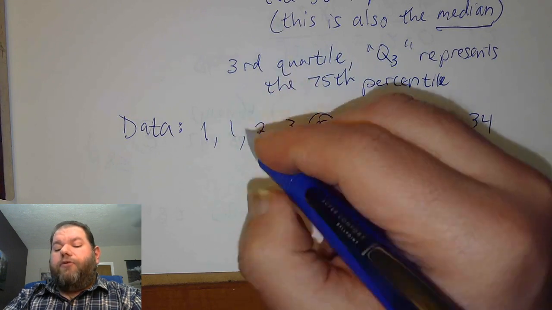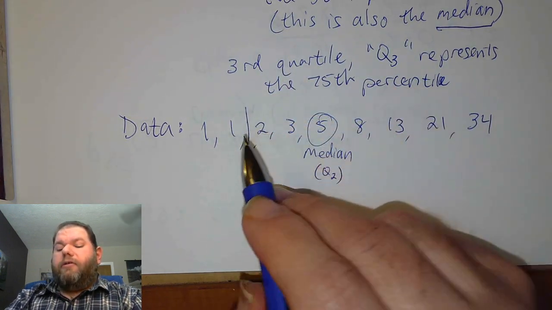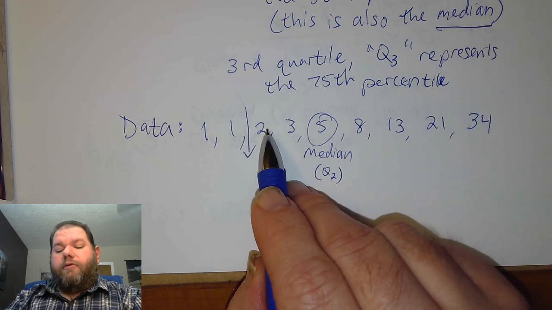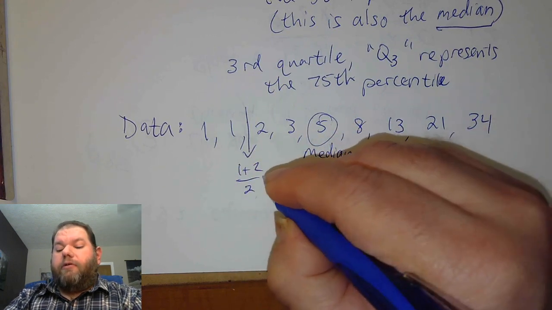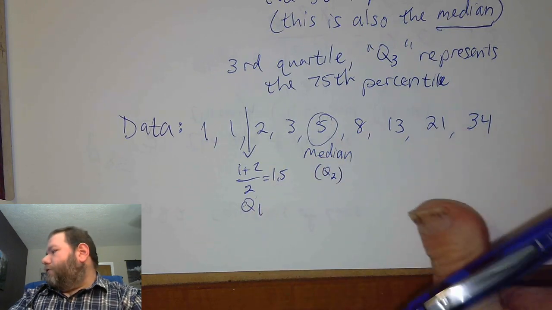So if it falls in between, 1.5, right? We take the 1 and the 2 and add them together and divide by 2 equals 1.5. So that's our first quartile.